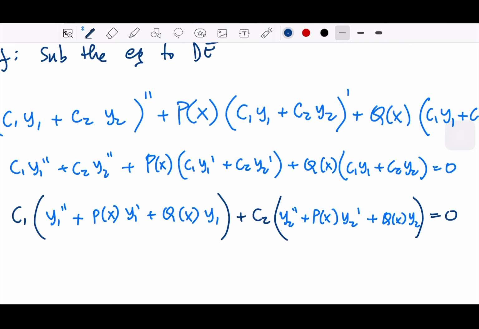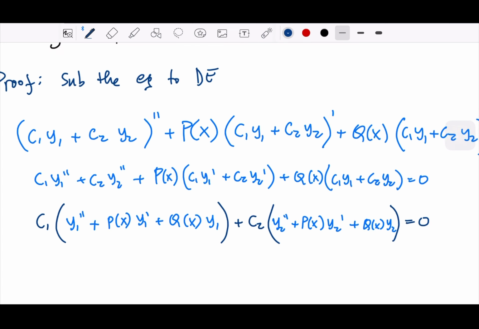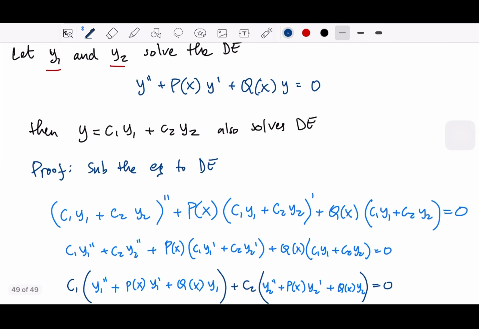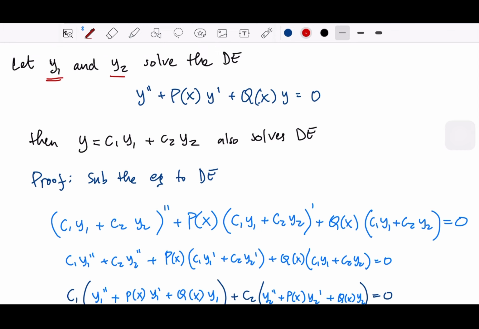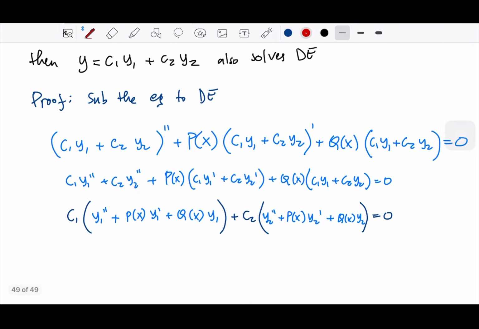Now, looking at these two equations, it's going back to the original equation, which is 0. Because at the beginning, we said that y1 and y2 can solve the differential equations. So when we try to prove that this superposition also can solve this, we put it inside the equation, rewrite, simplify and group everything together.